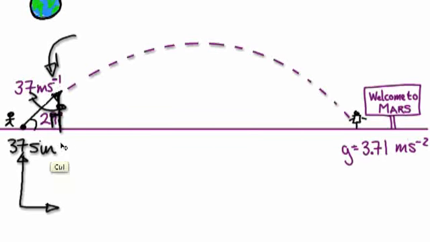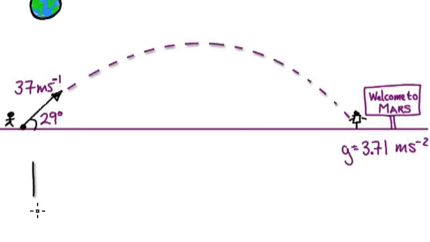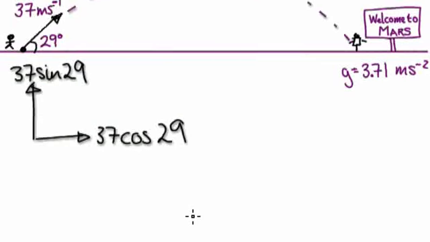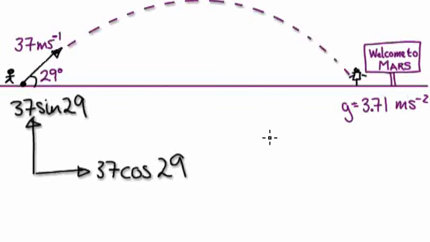So its vertical component will be 37 sine 29, and its horizontal component will be 37 cos 29. And then jump to your velocity time graph.